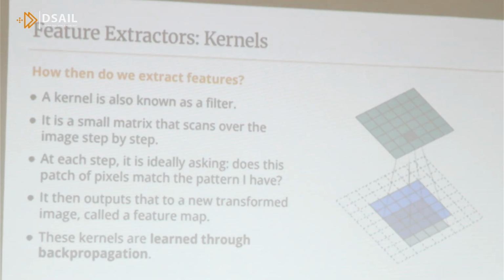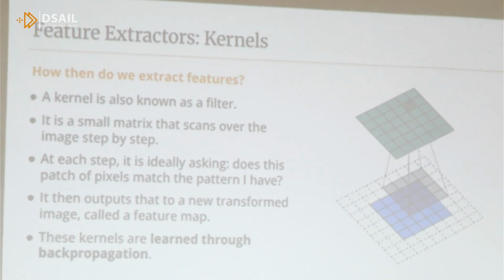But in a CNN, you do not define the kernel in and of itself or what it will do. You just define the dimensions of the kernel size, and then, what we've just learned in the morning, through back propagation, the kernel is learnt. The weights of the kernel are learnt by the model as it's training.